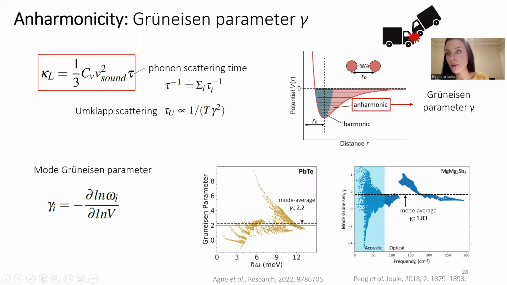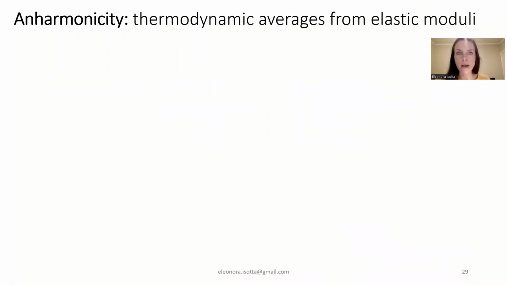And then they might consider a mode average if they want a unique parameter to compare different materials, for example. But DFT computation can be very expensive. Some other methods to estimate the Grüneisen parameter gained popularity. And these other methods sometimes are called thermodynamic averages.